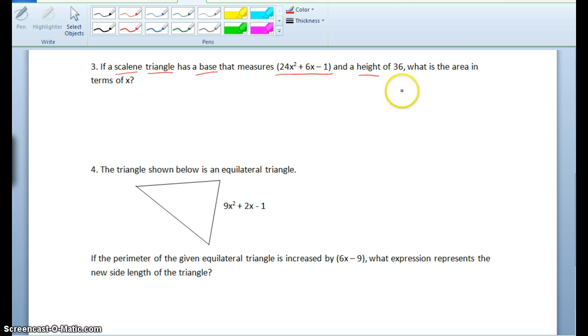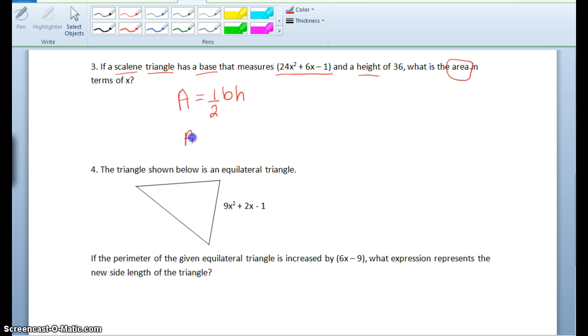Okay, and we're talking about the area, and we've got to remember the formula to find the area of a triangle is 1/2 times the base of the triangle times the height of the triangle. And remember, since this is multiplication, the 1/2 and the base and the height can be in any order, and that's okay.